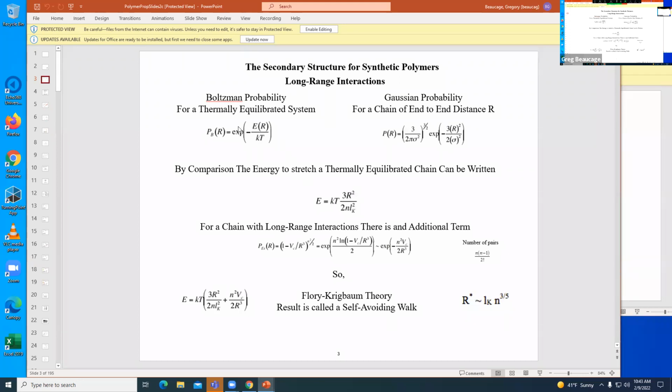And because you have exponential probability times that probability, you just sum the arguments. And then you sum these 2 negatives. And if you want to compare that with Boltzmann, you get the energy for this self-avoiding chain. So that was called the first part of the Flory-Krigbaum theory for self-avoiding walk. It's just kind of like messing around with probabilities a little bit.